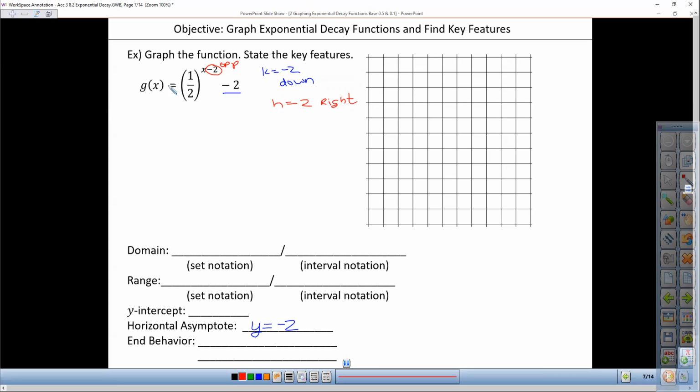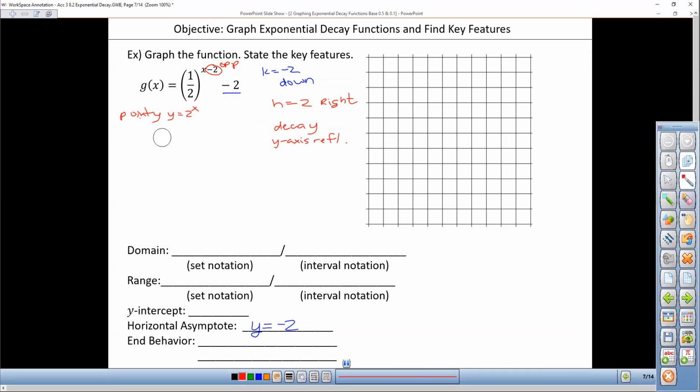All right, because this is decay, remember, we are also going to do a y-axis reflection because the points I'm going to use are going to come from y equals 2 to the x, which is our growth function. Remember, those points would be our -2, 1/4.